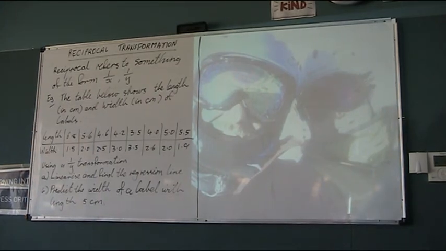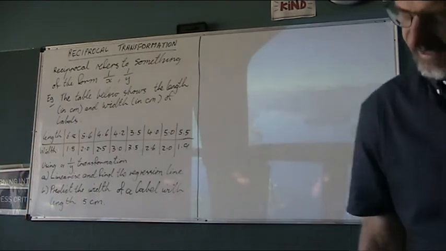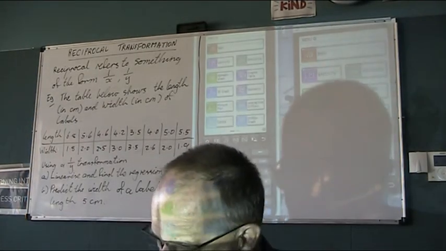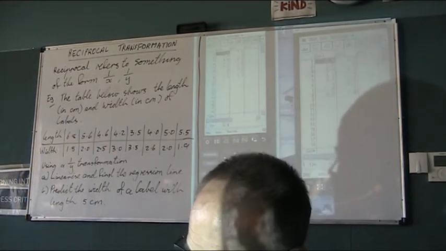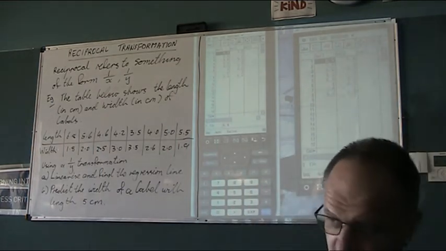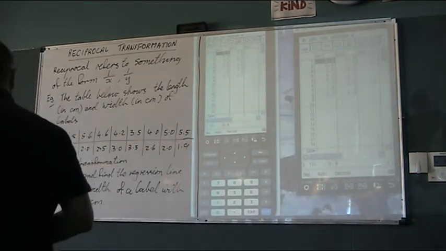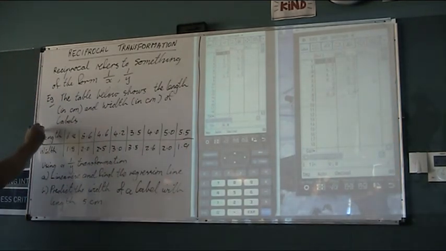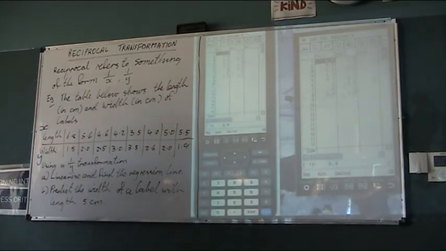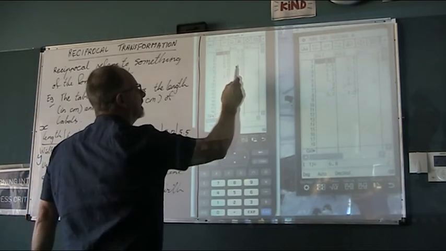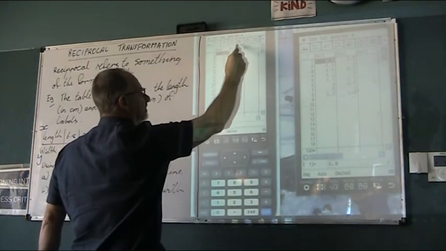Righto, so what we need to do then is get out our calculator, statistics, and today I'm a bit organised, so I've already got it in there. Our length is our x and our width is our y. And we're asked to do a 1 on y transformation. So y is in list 2.